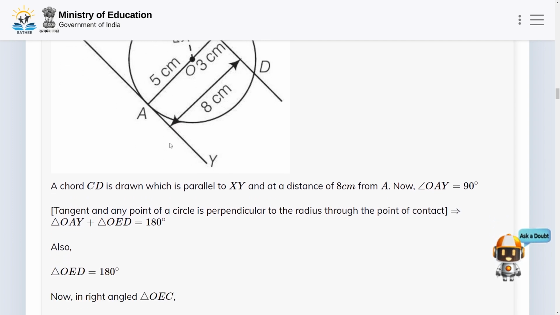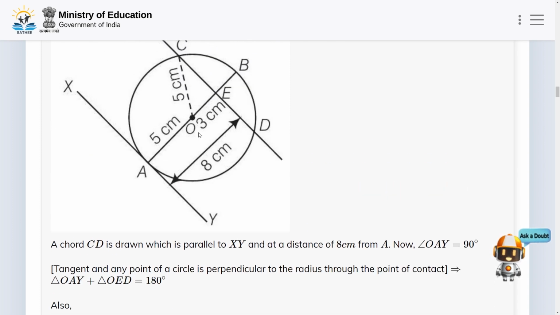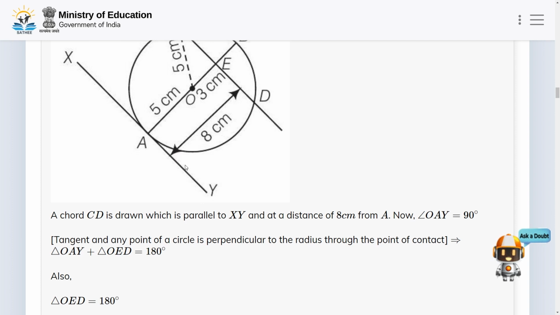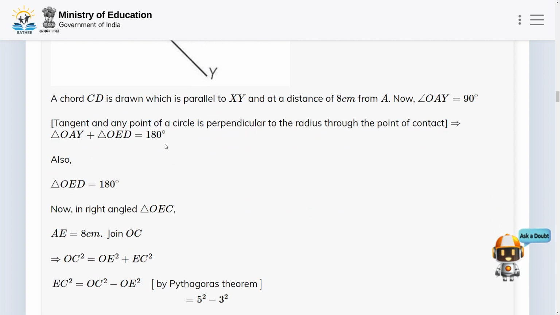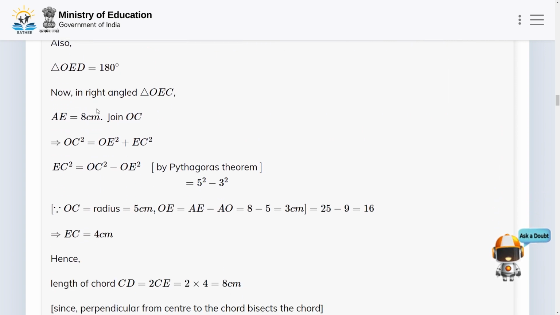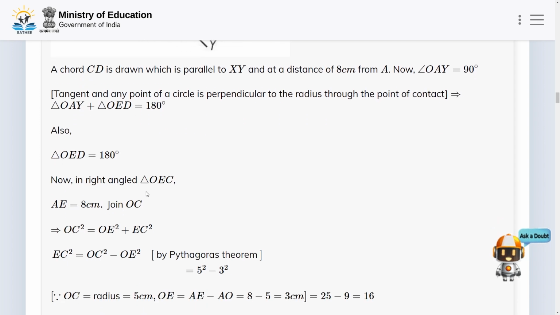Now angle OAY is 90 degrees, since the tangent at any point of a circle is perpendicular to the radius through the point of contact. Now in right angle triangle OEC, AE is equal to 8 centimeters, and join OC.